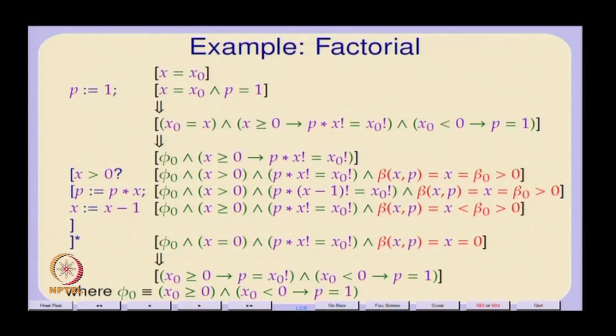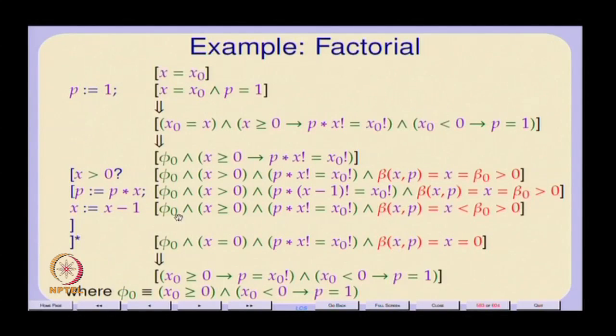That is what your assignment does going backward from the post condition to the precondition. If you replace p by p star x and you have got x minus 1 factorial, then by the associativity of multiplication you get p star x factorial equals x naught factorial, right. So this holds, but the invariant doesn't necessarily hold.